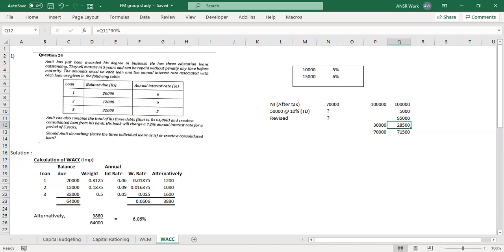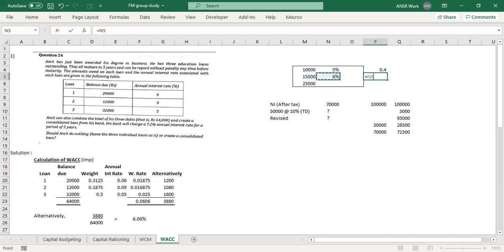So we'll first sum up the whole thing and calculate the weighted average. Out of 25,000, 40% is coming at 5%, and 60% is coming at 6%.